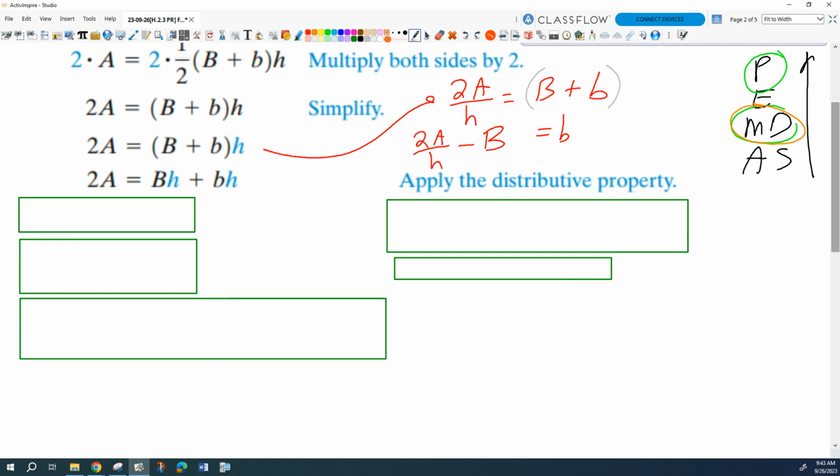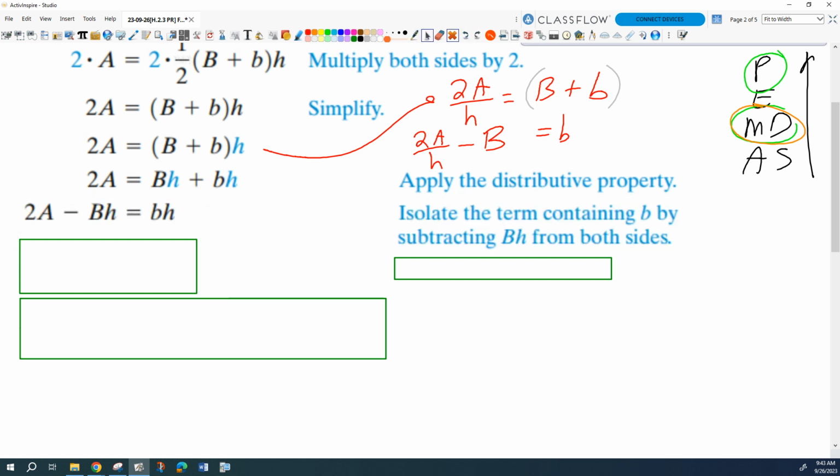It's okay to do. So what would they do next if we're trying to isolate that lowercase b? Subtract the BH. Good. We've got to subtract before we divide then, right? So we'd subtract the BH, and then last step, divide by H. Okay.